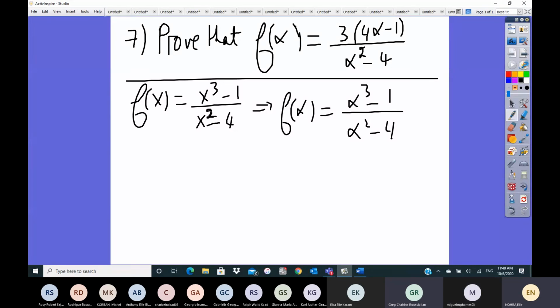So where's the problem? The problem here is we have 4 alpha. Where's the difference? Where's the term that should be changed? There is alpha. The alpha cubed.